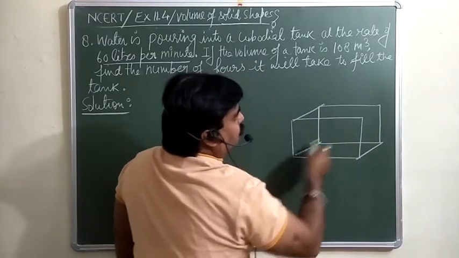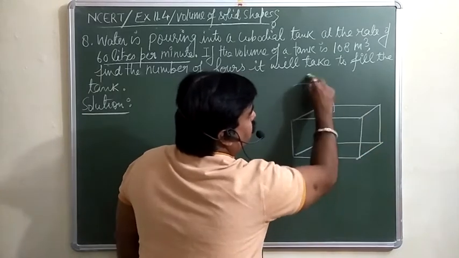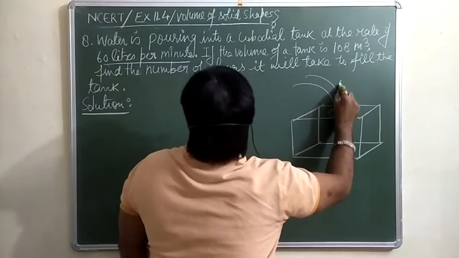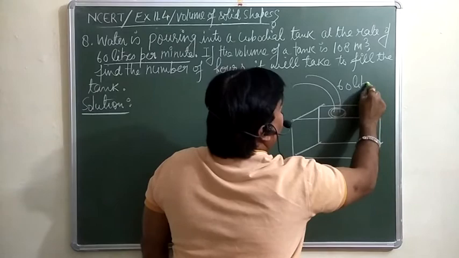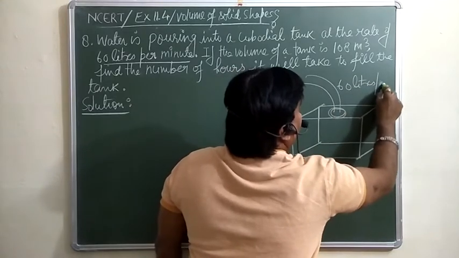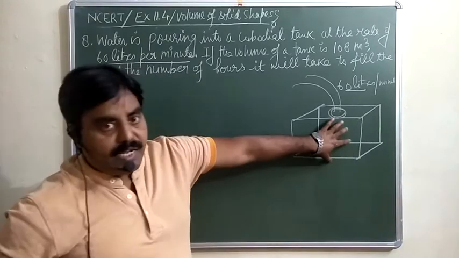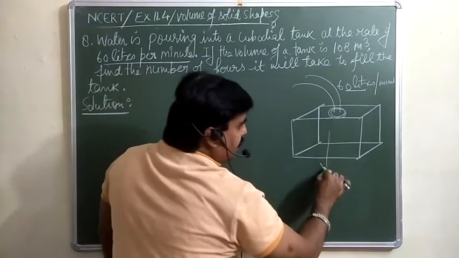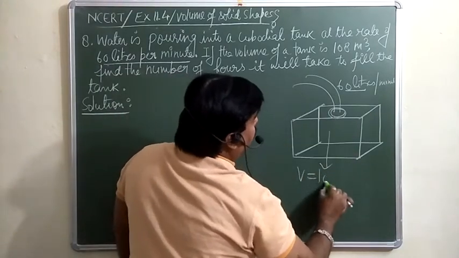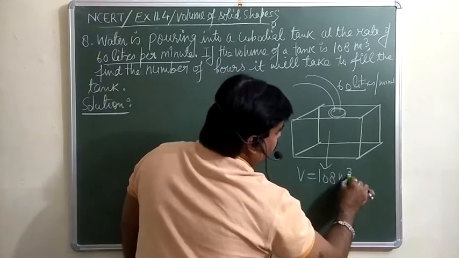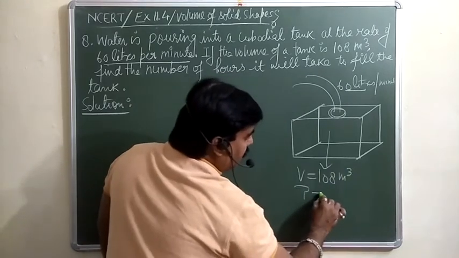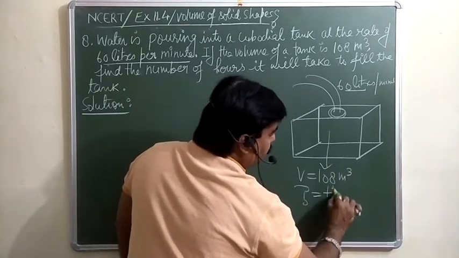In this one the water is falling with the speed of 60 liters per minute. Means in 1 minute 60 liters of water falls. The volume of this tank is also given, that is 108 meter cube. Then we want to know how much time it will take to fill this one.